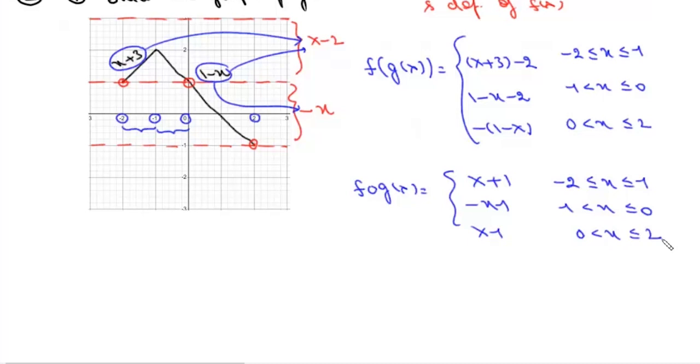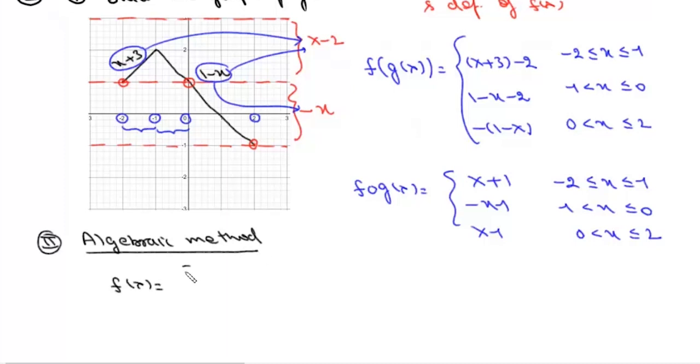So this is our graphical method. Now we'll come to the algebraic method. Before the algebraic method, we'll write f(x) and g(x) again.